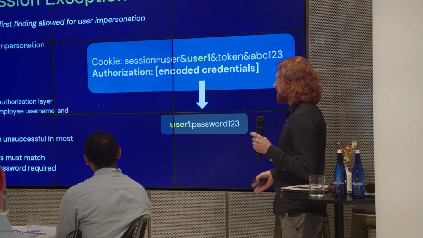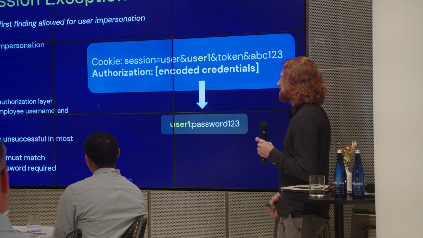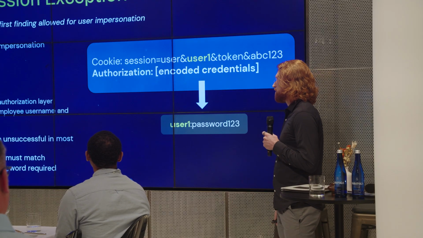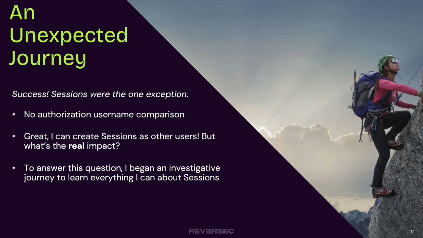So, try as I may, impersonation was unsuccessful in most cases in the application due to this very thing. But as it turns out, sessions were the one exception. I was able to create sessions as other users just by switching the username in the cookie. Apparently that same authorization check wasn't taking place here.